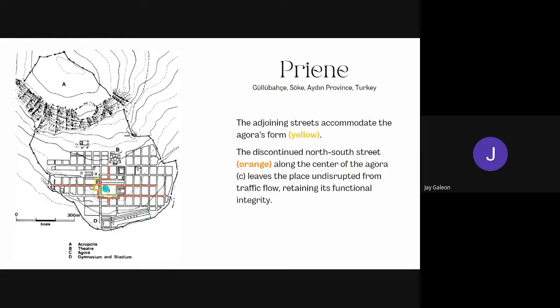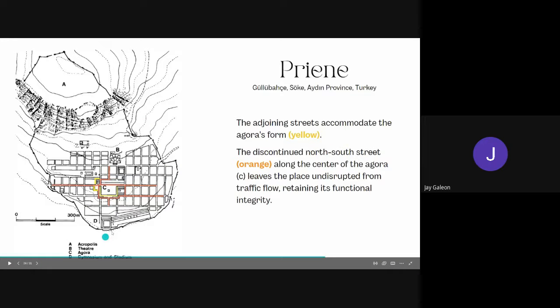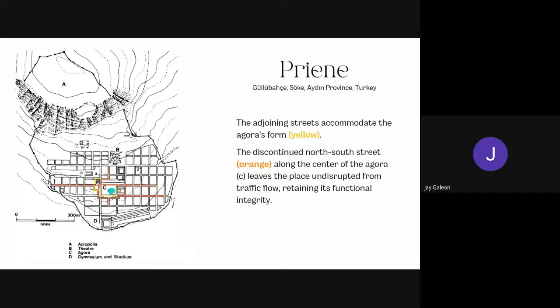First, looking at C, which is the agora or main gathering space, the adjoining streets beside it mimic its form, because it has a U-shaped enclosure and its opening is adjacent to the main street, this horizontal orange one.